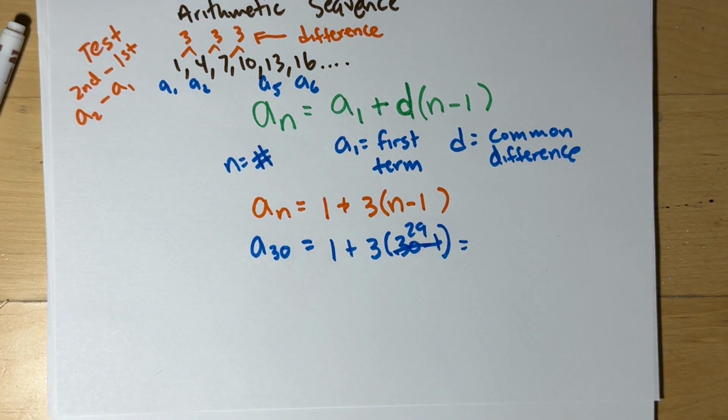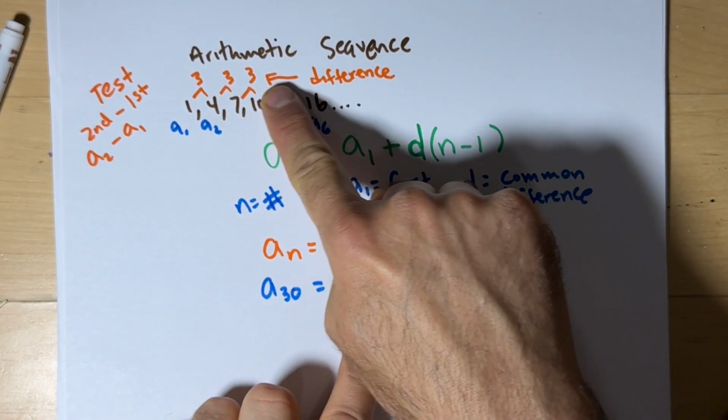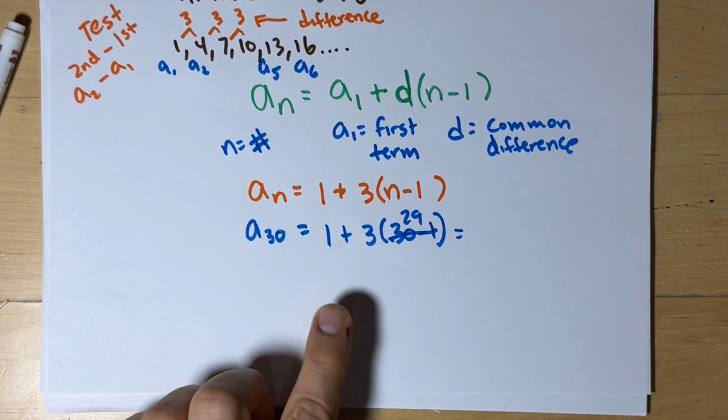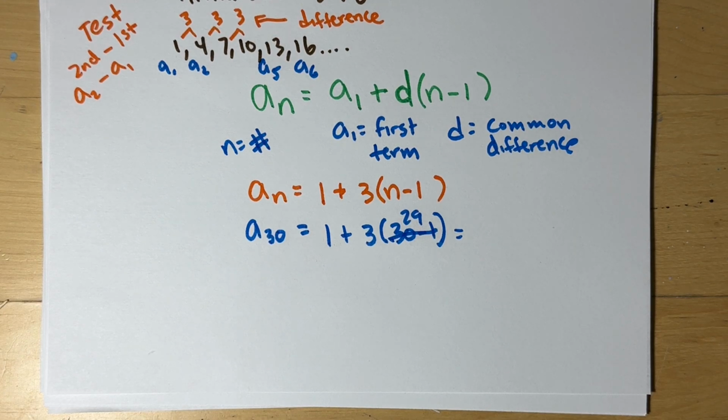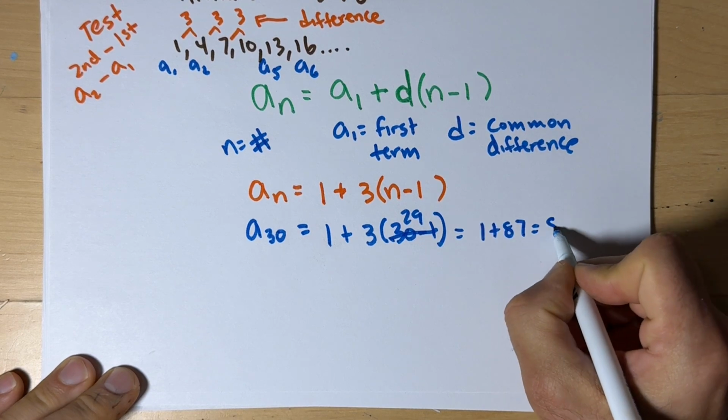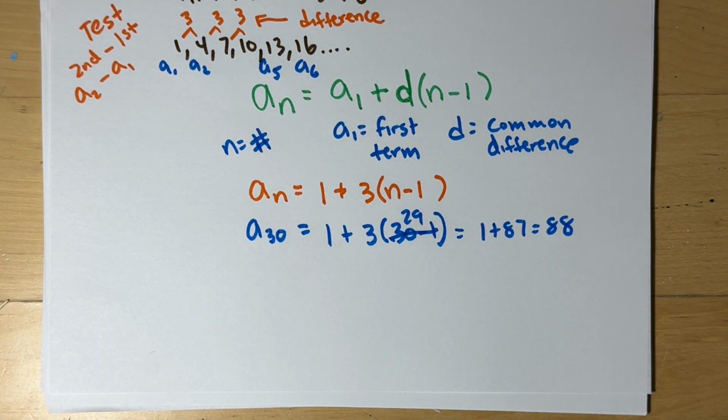And we use a calculator to do that. And why did we do this? Well, because we keep adding 3, so we're going to add 3 29 more times plus the first one. That's really what it means. Well, I could probably do it in my head. 87 plus 1. So our 30th term would be 88.